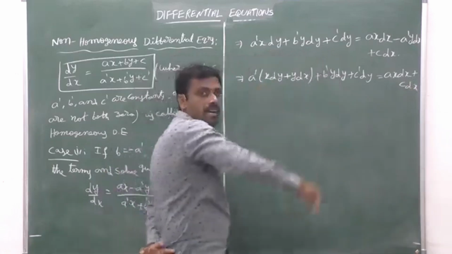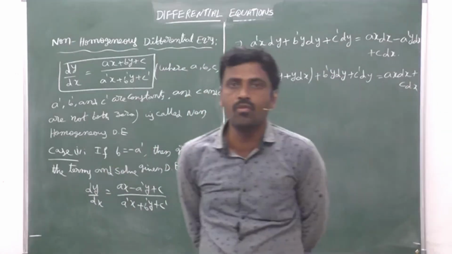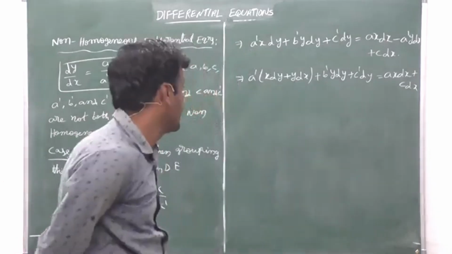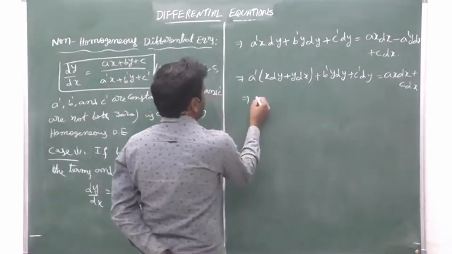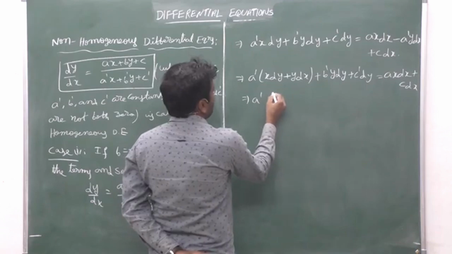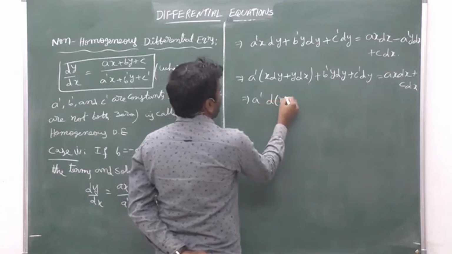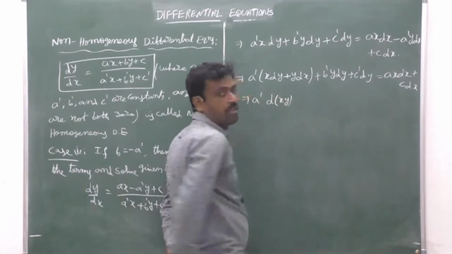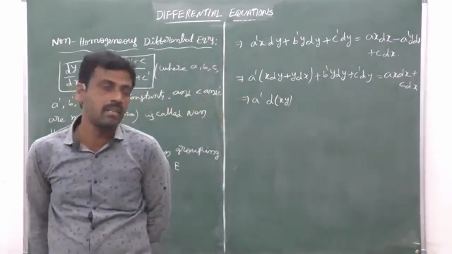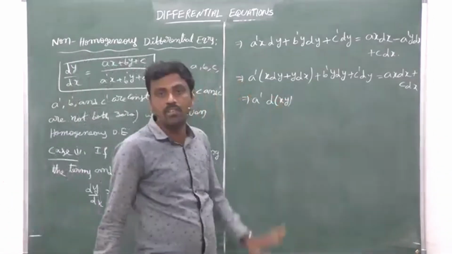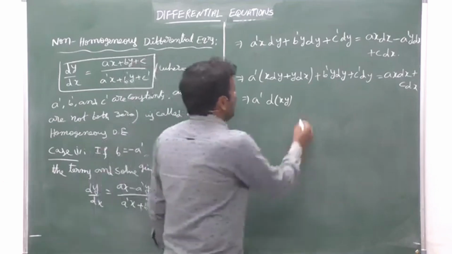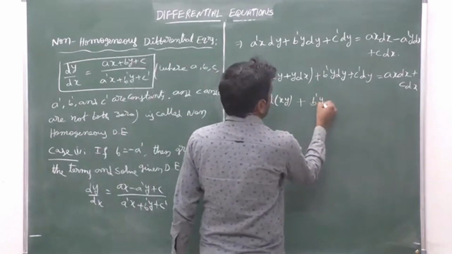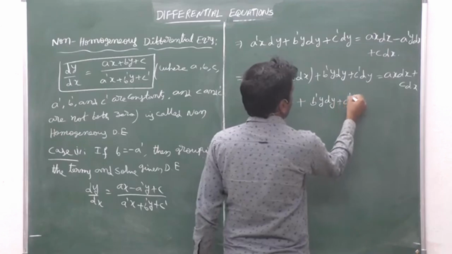x dy plus y dx means, by the uv rule, u v dash plus v u dash, that is d of uv. That means a dash d of xy, where d of xy means x into dy plus y into dx. Next, remaining terms same.